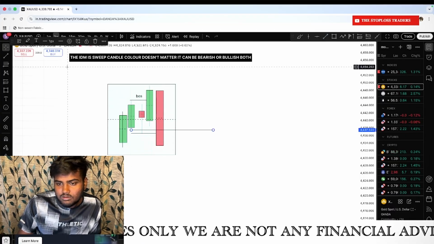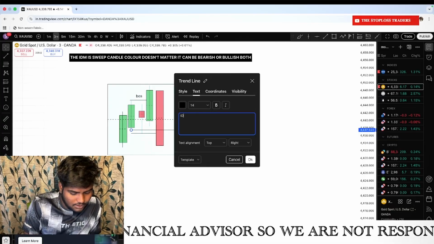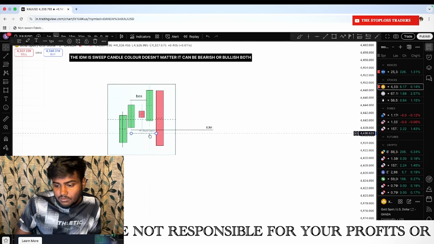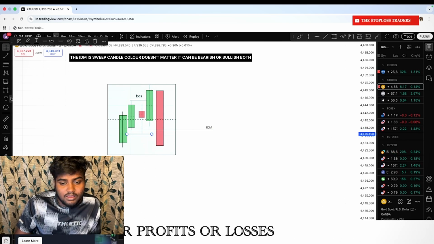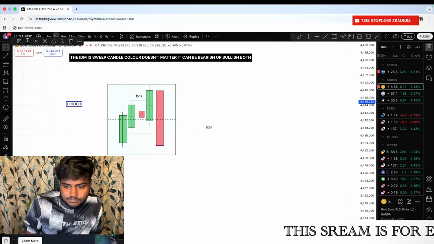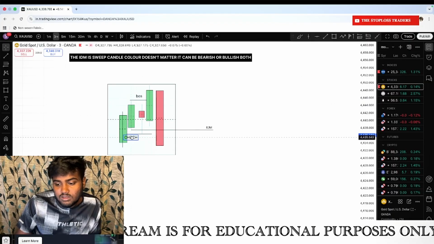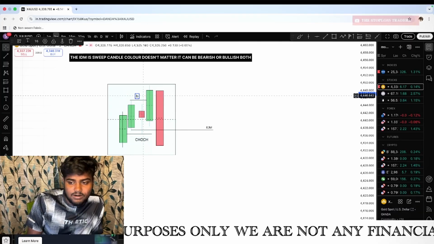This low was broken, so it is considered as the CHoCH, change in character, okay. This was the very basic structure mapping which I have told you.